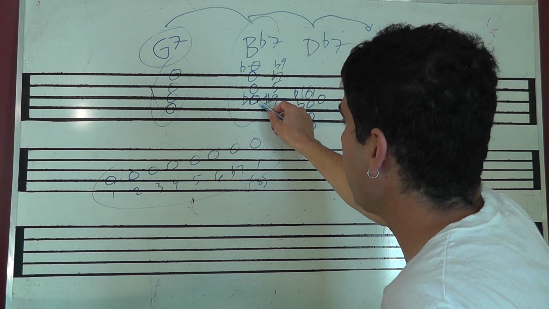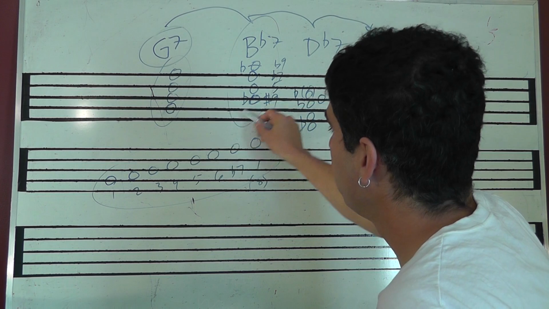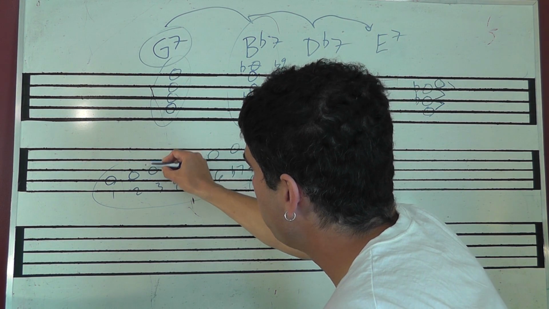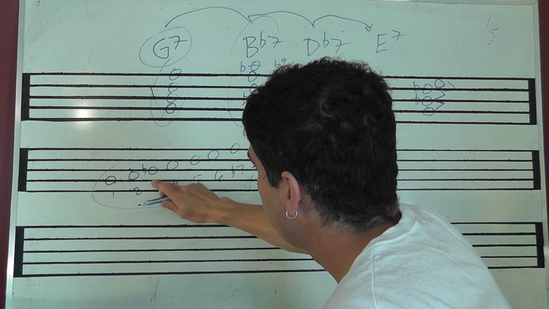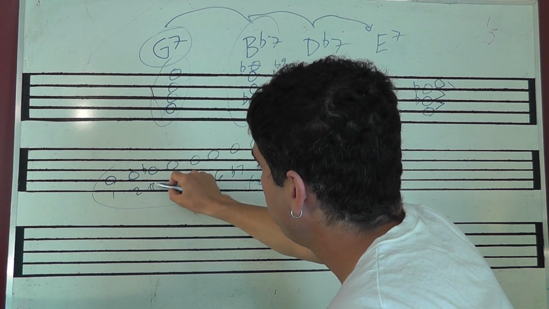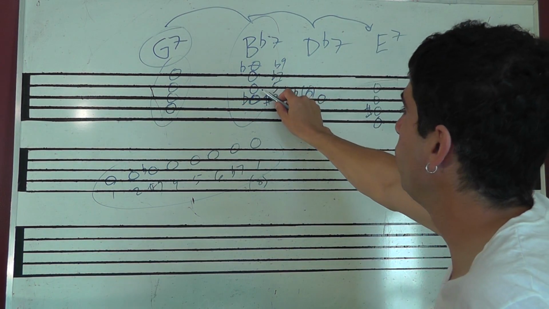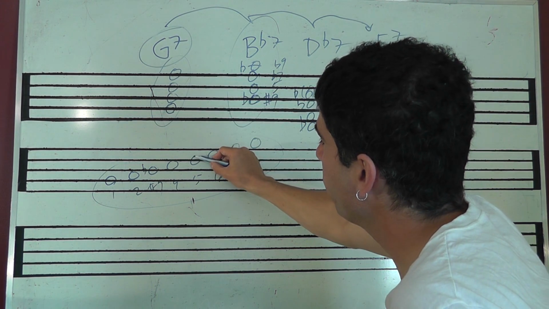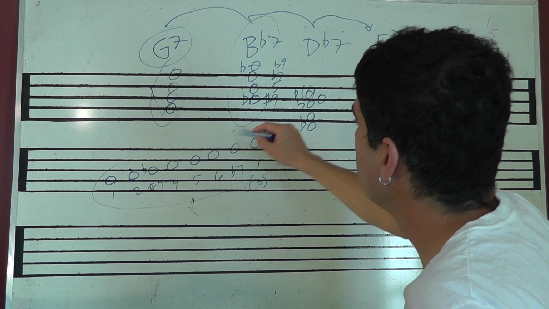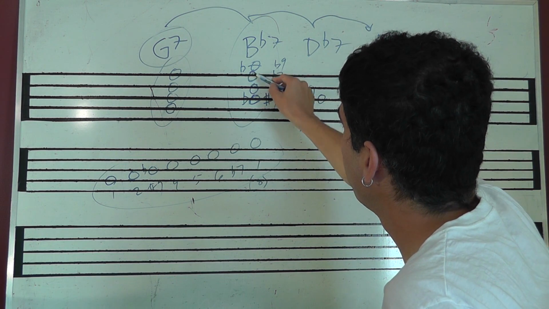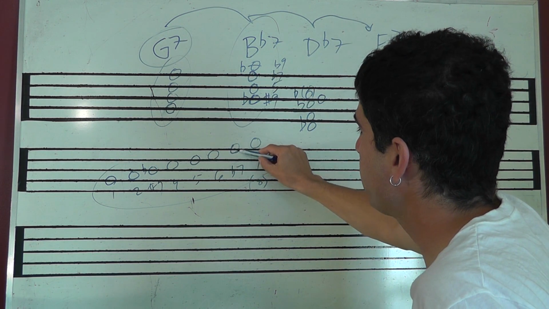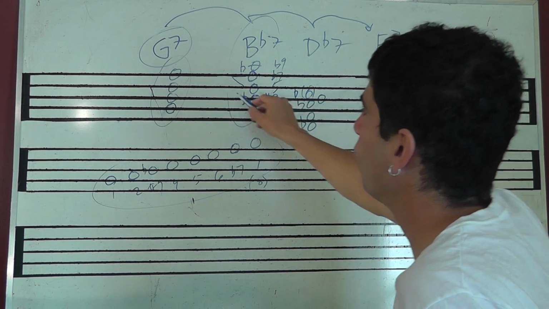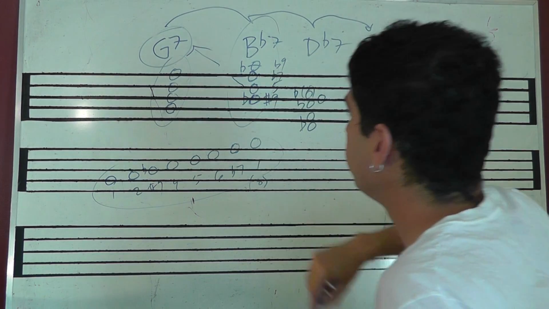Well, B flat: if you flat this 3 and make it a B flat, that becomes sharp 9. If you look at D here, D is the 5, and there it is. And then F is flat 7. So look, you've got two chord tones right there that relate to G7.